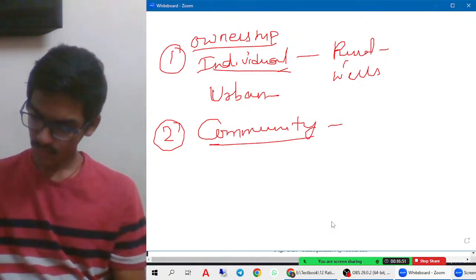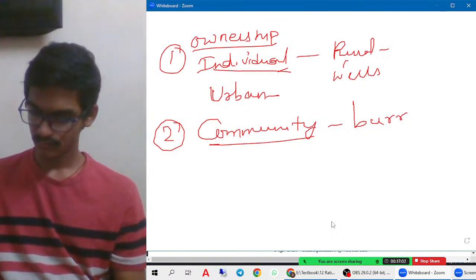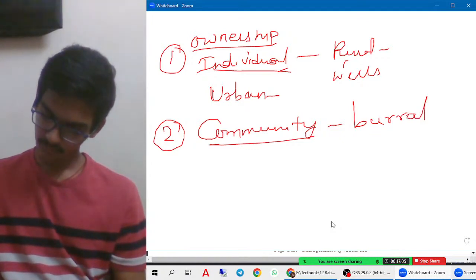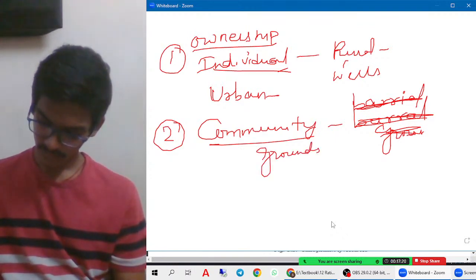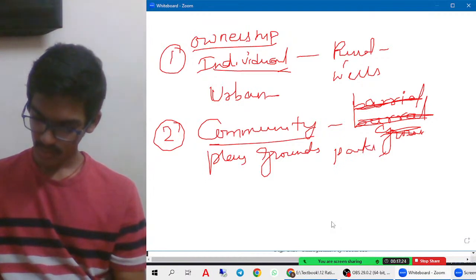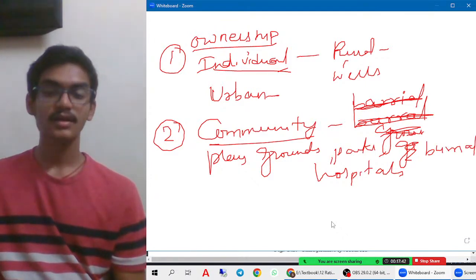For example, all the burial grounds, playgrounds, parks, then many other things, hospitals also can be considered. Burial grounds, BURIAL, just a forward, okay.